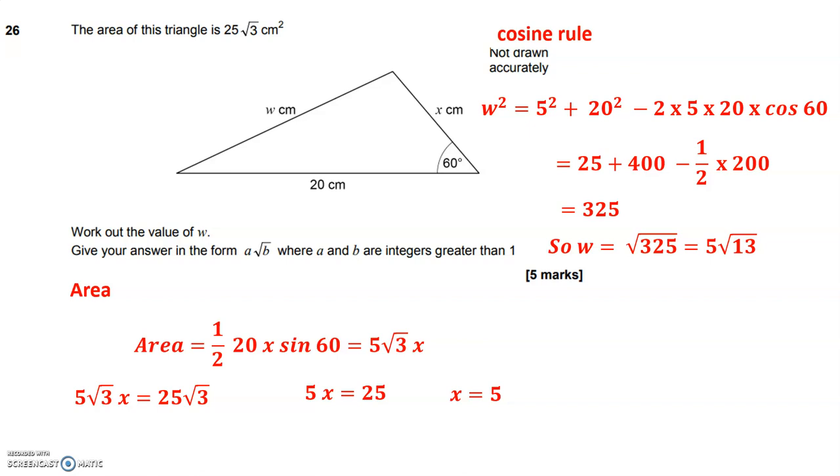So there we go. W is 5 root 13. That's a very lengthy question. There's a great deal of stuff that you have to be confident with, otherwise you just can't do the question at all. There you go, 5 marks if you manage to struggle your way right through that question.